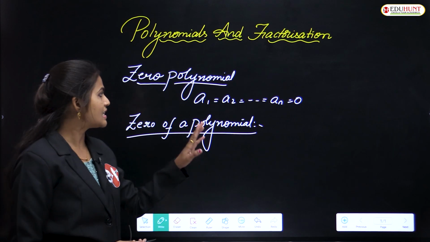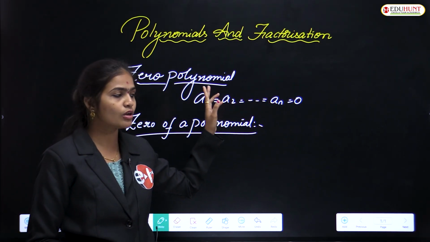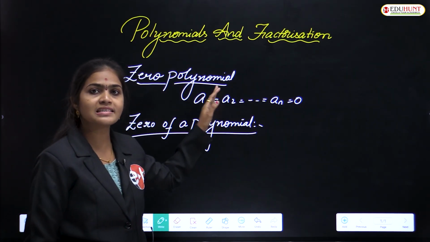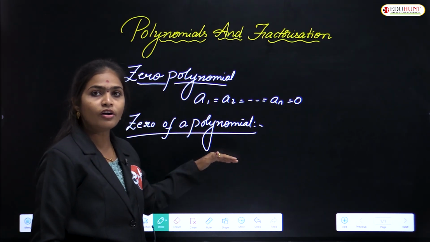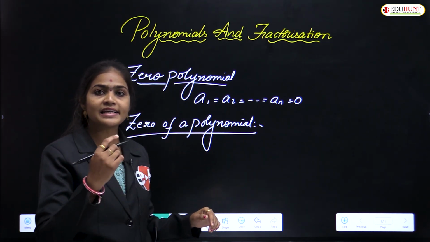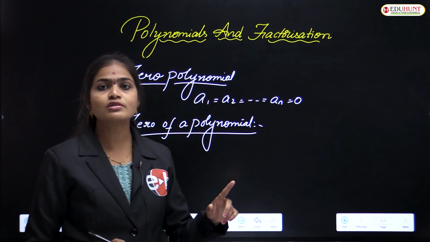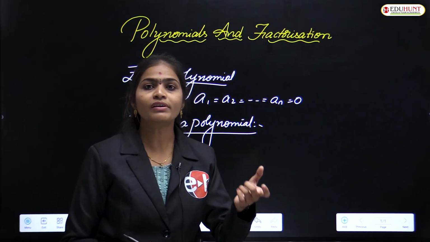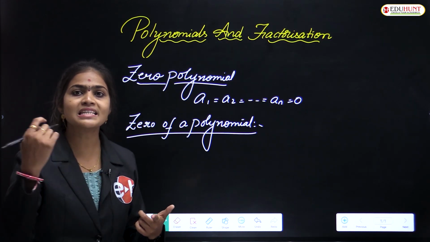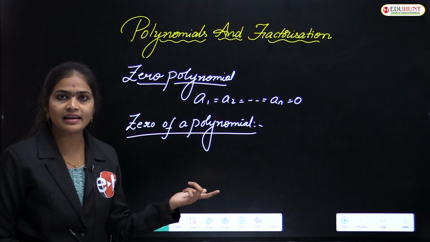Okay, so once again, if the coefficient of each variable, the coefficient of each term, is 0, then we will call that polynomial a zero polynomial. Zero of a polynomial means the possible values which satisfy the given polynomial. The possible values of a variable involved in that polynomial which satisfy it, meaning its value should give 0. Okay, then only we can say that that is a root.